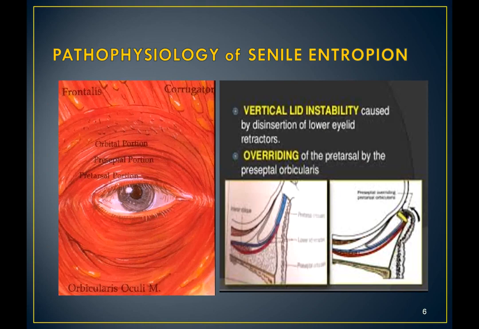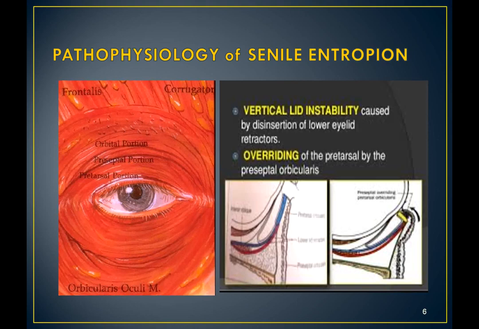Picture of pathophysiology of senile entropion. Here in this patient what happens? Not only does the fibrous tissue between the two parts of the orbicularis oculi muscle, that is pre-tarsal and pre-septal, weaken, but there is a degeneration of the orbicularis oculi muscle itself. As a result, total vertical stability of the lid decreases as well as horizontal lid stability.